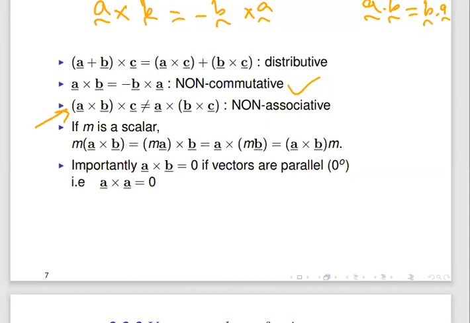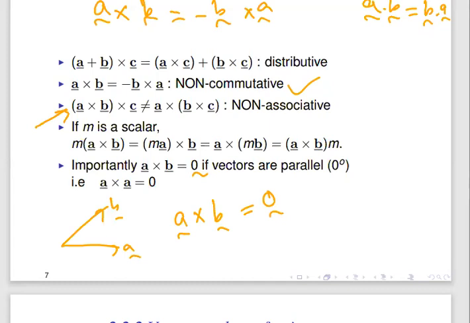This is important. If A and B are non-zero vectors and the cross product gives you zero, that zero is the zero vector, because the output of a cross product is a vector.